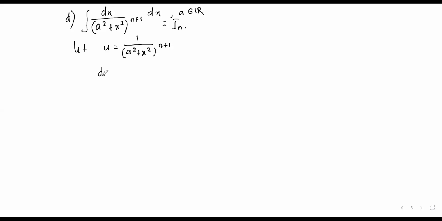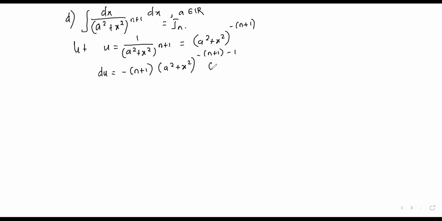And then differentiate it to get u prime. So this can be written as (a squared plus x squared) to the power minus (n plus 1). So when we differentiate, it will be this (a squared plus x squared), and there we subtract the 1, so it will be n plus 1 minus 1.